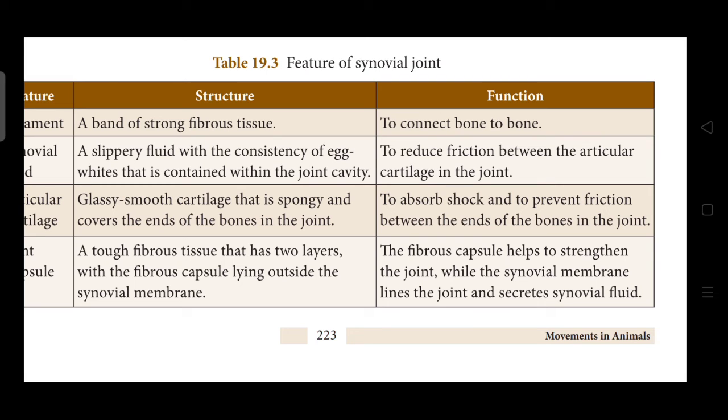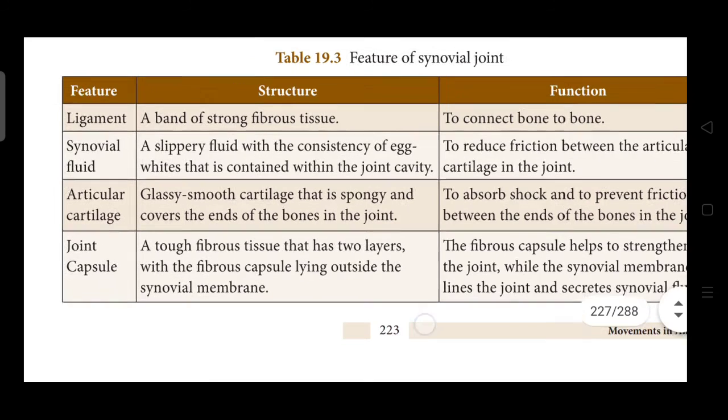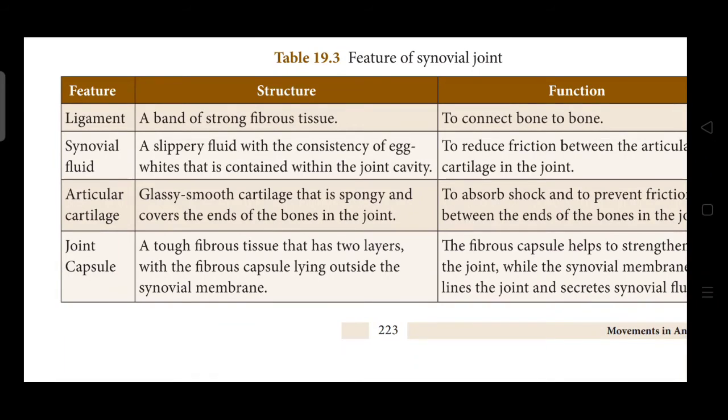Within the joint capsule the synovial membrane is present, and it secretes the synovial fluid.